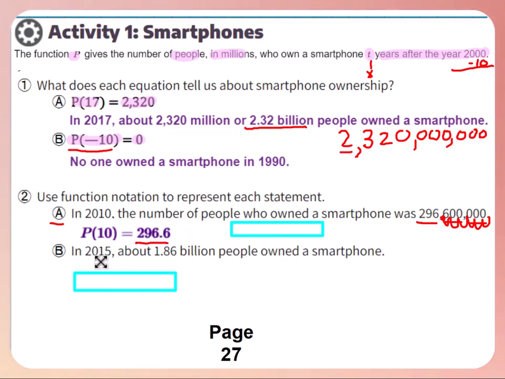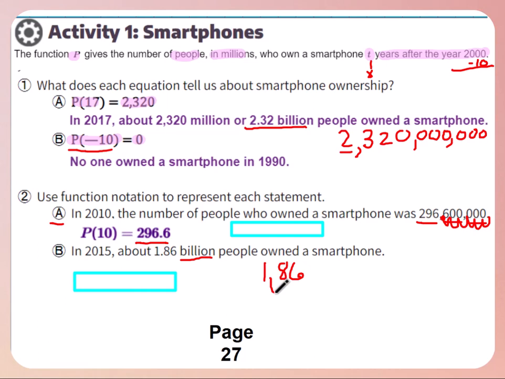All right, in 2015, about 1.86 billion people owned a smartphone. Let's move that decimal not 6 places because we're talking about a billion.